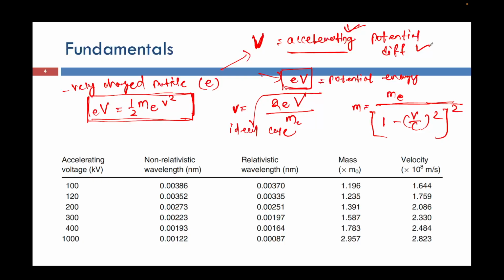Once the mass increases, the potential energy the electron has gathered will also start increasing, right? And subsequently it will be like one action giving rise to another action.